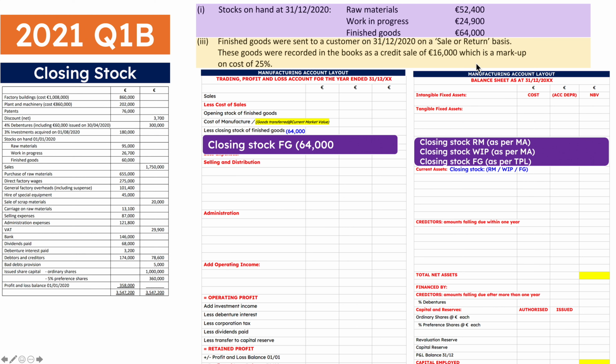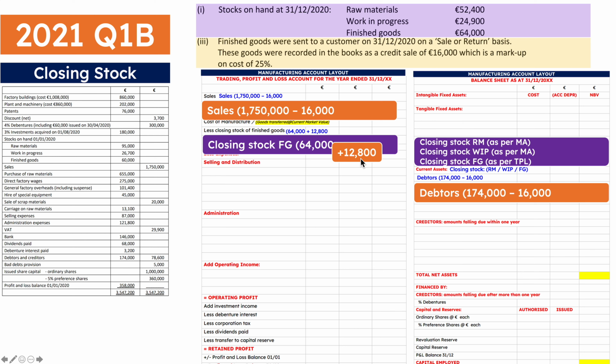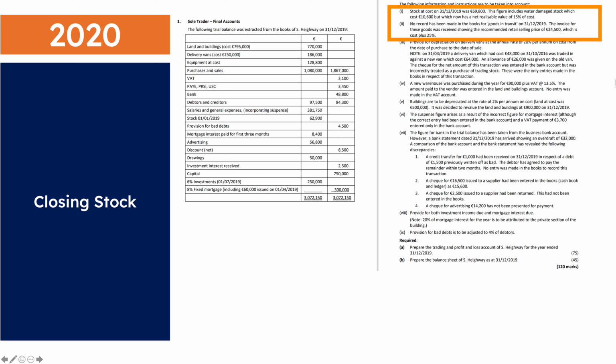So 12,800 is 16,000 divided by 125 multiplied by 100 to get the cost price. Then we will reduce the sales and the debtors by 16,000, and that is your closing stock finished for that question.